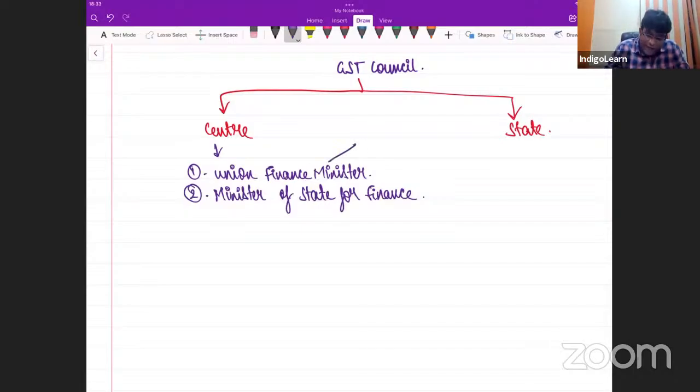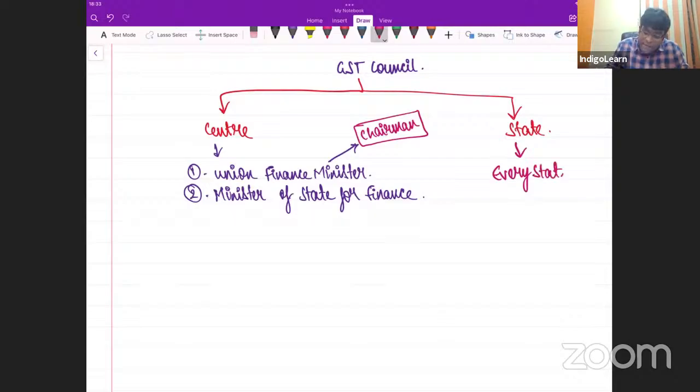And this Union Finance Minister will act as the chairman of the GST Council. And from the state side, we have every state representative.